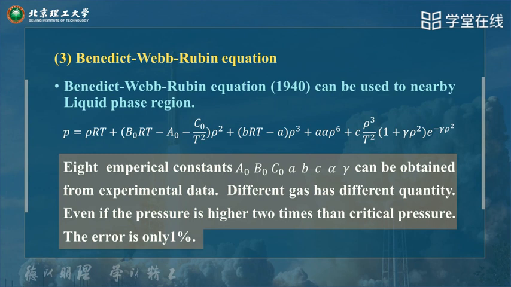Different gases have different values. Even if the pressure is higher than 2 times the critical pressure, the error is still very small, maybe only 1%. 1% is very good.